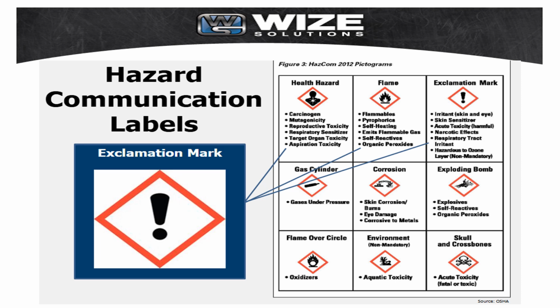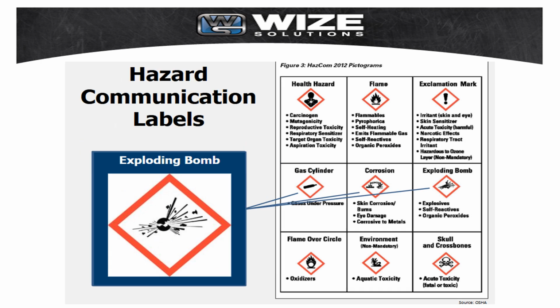Pictograms include health hazards, carcinogen; flame, flammables; exclamation mark, irritant, skin and eye. Pictograms include gas cylinder, gases under pressure; corrosion, skin corrosion, burns, eye damage, corrosives to metals; exploding bomb, explosives, self-reactives, organic peroxides.